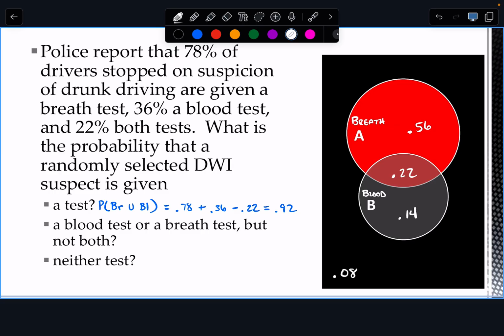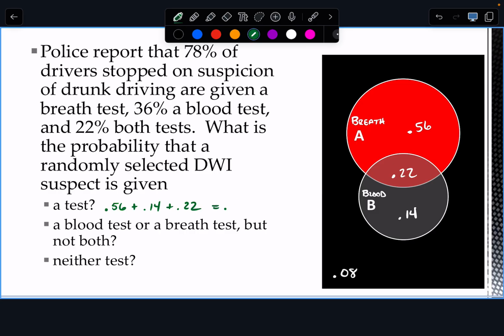So now, if I want to calculate these questions that they asked me about here, I have everything broken down. All I've got to do is pick out the pieces I need and put them together. So what's the probability that they had a test given? Well, that's my top region plus my bottom region plus my overlap. All of these people got tests.